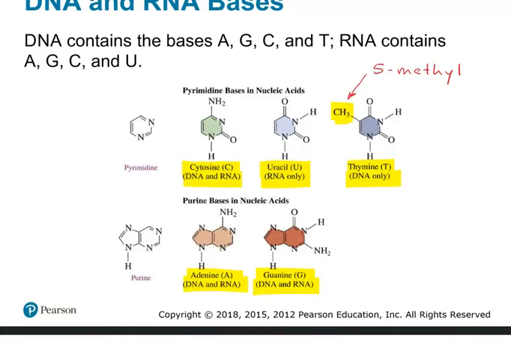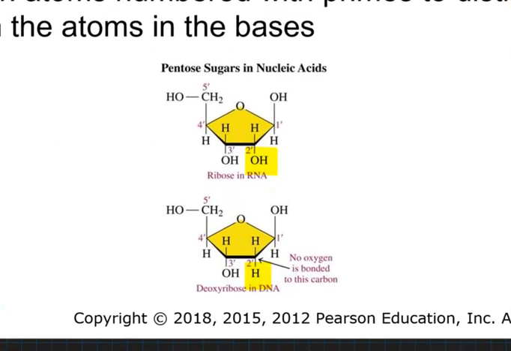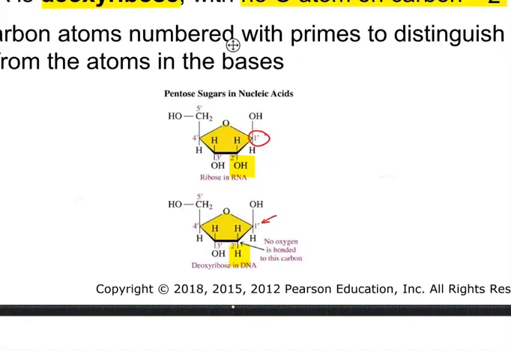So it turns out the numbers that do not have an apostrophe, the numbers without the term prime, are used for the nitrogenous base. So the numbers that are used for carbons in pentose sugars do have that prime annotation. All good? Any questions? All right.